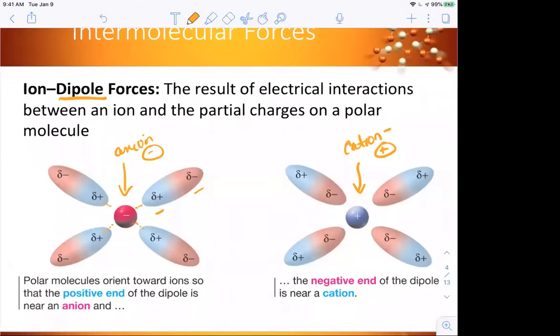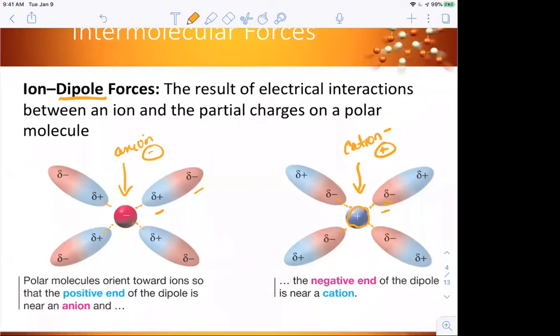In the same solution, you're also going to have the opposite occurring. So here I have a positively charged cation, and then my polar molecule is going to orient so the partially negative part of the molecule is going to interact with that positively charged ion.